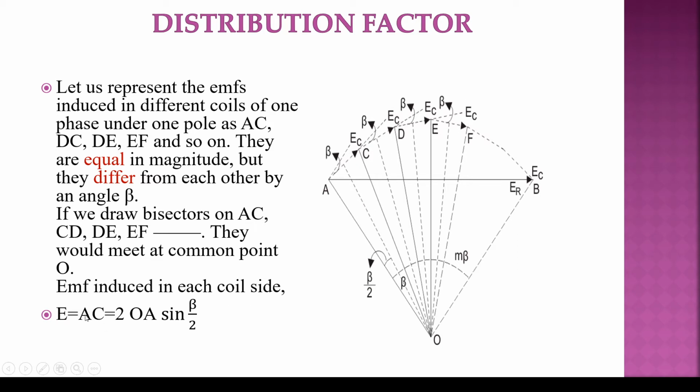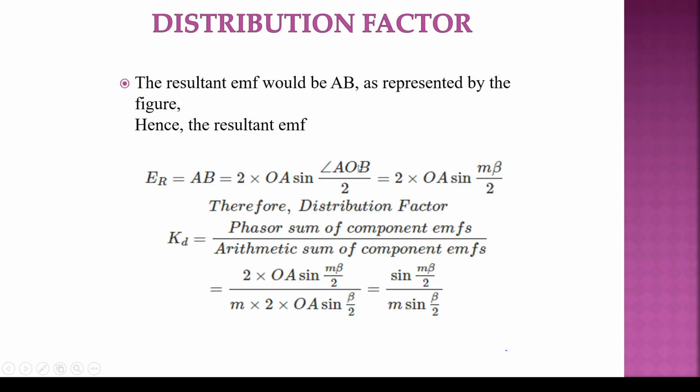So E is equal to AC, that is equal to 2 OA sin beta by 2. Resultant EMF would be AB, that is ER is equal to AB is equal to 2 into OA sin of angle AOB by 2, that is 2 into OA sin M beta by 2.